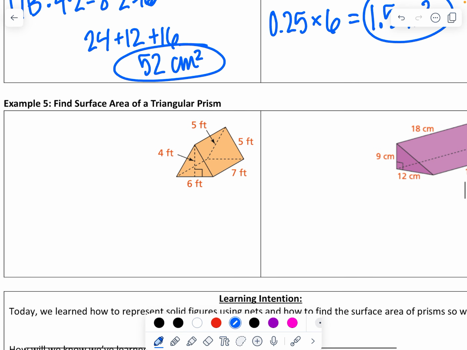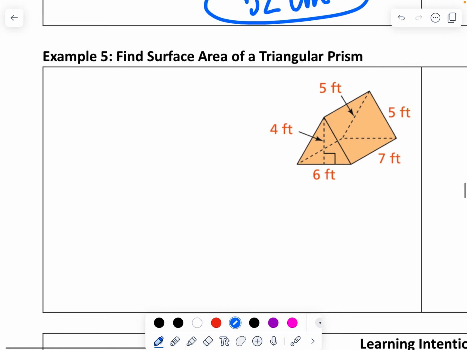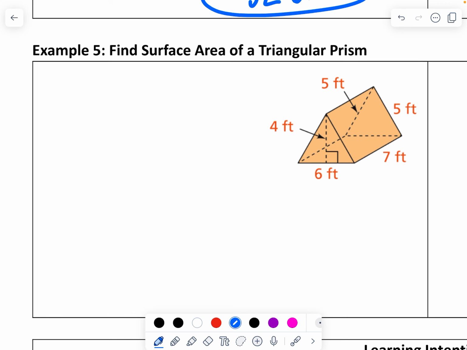Now we're going to look at triangular prisms. So remember, triangular prisms, it's called triangular because the bases are triangles. So when I look at that, that's going to be this one and this one. Those are my 2 triangles. Okay. So that's going to be our front and our back.